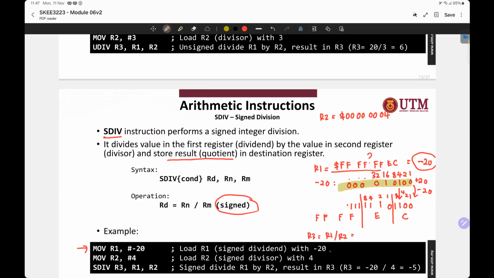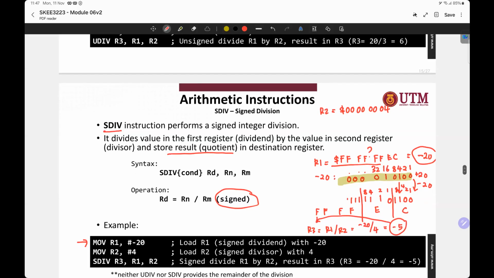In this case, I divided negative 20 by 4 and I will get negative 5. This negative 5, I need to put inside R3. Again, I need to find out what my R3 is. So R3 equals negative 5.